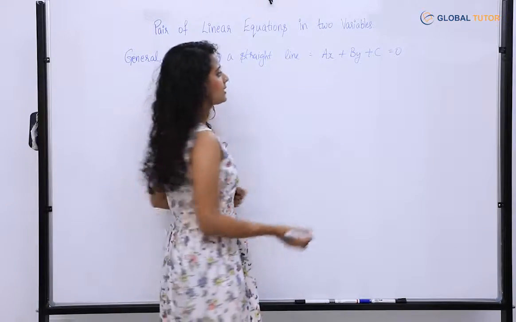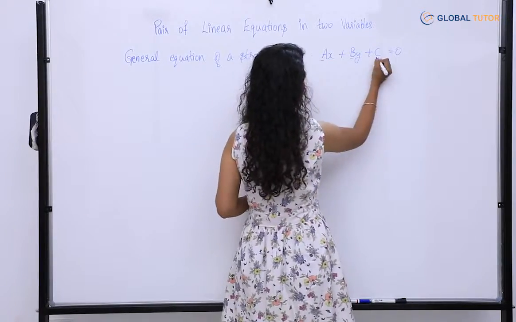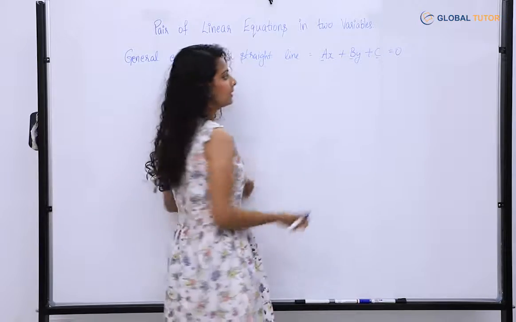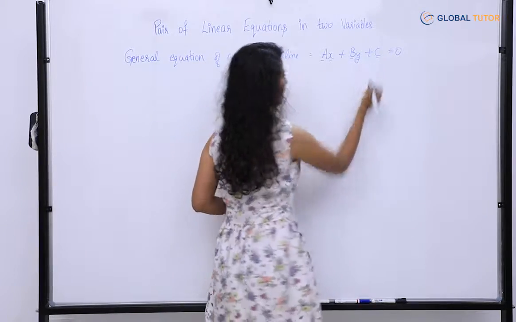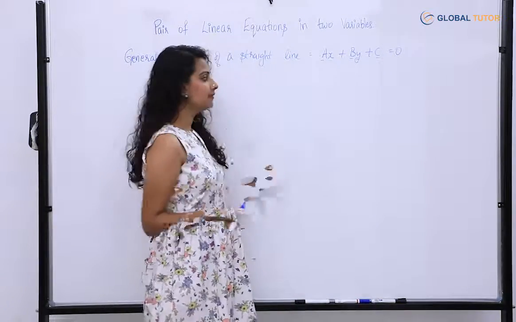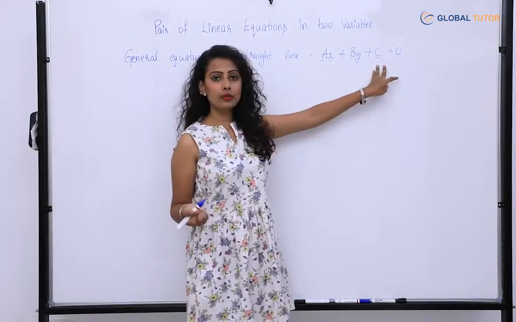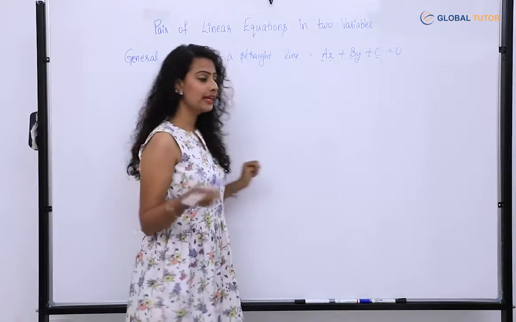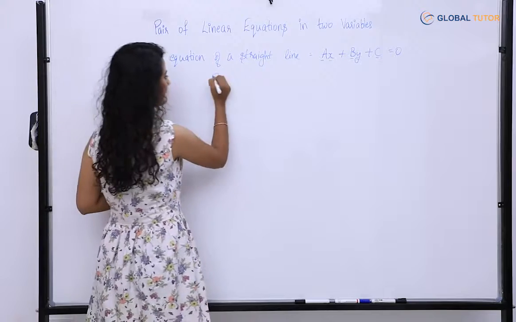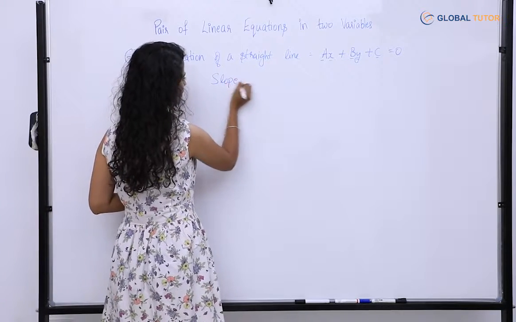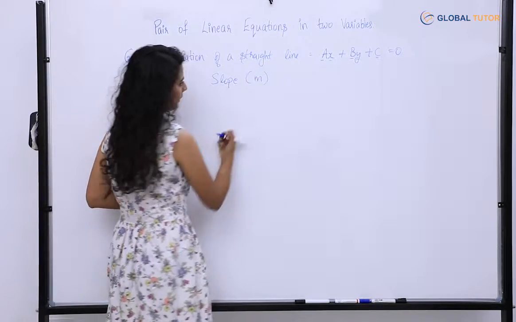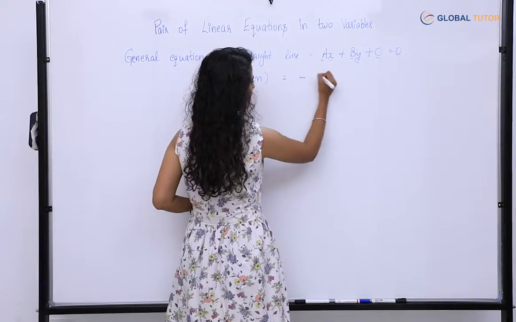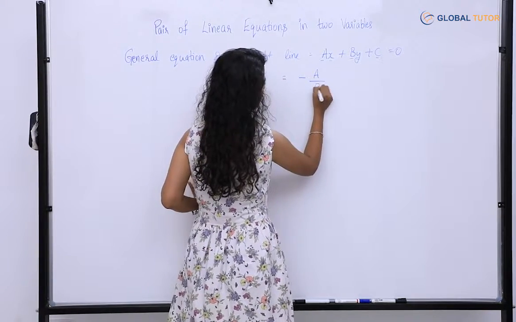Now in this, a, b and c are constants and this x and y are variables. Whenever we have an equation of a straight line, we get the slope or the gradient, which is usually represented by small m, which is minus a by b.